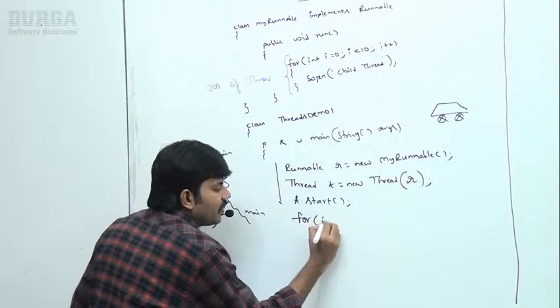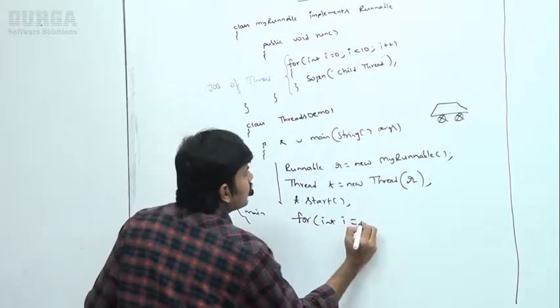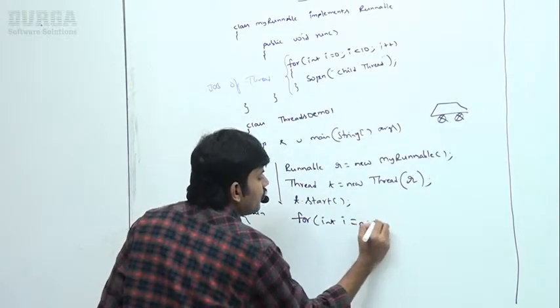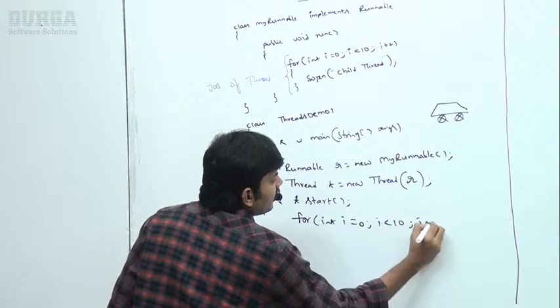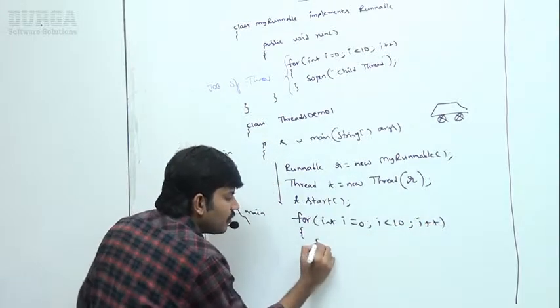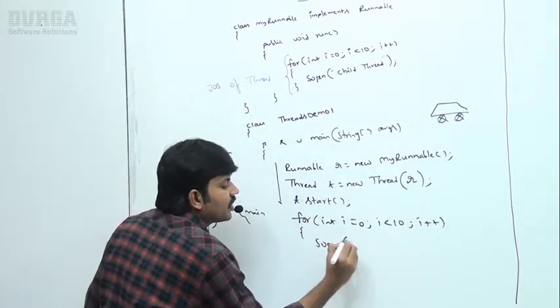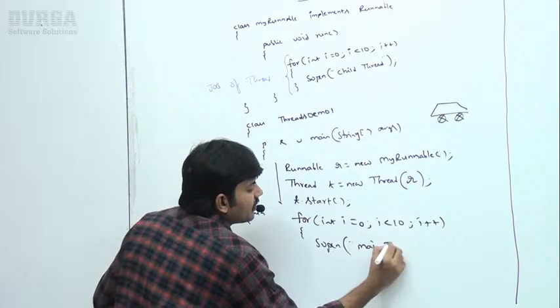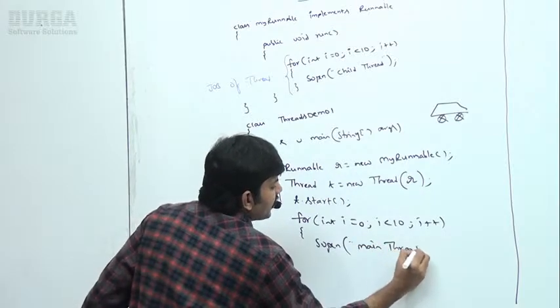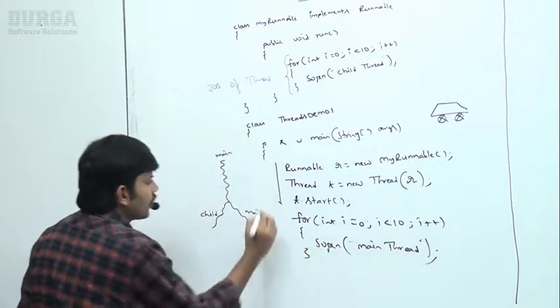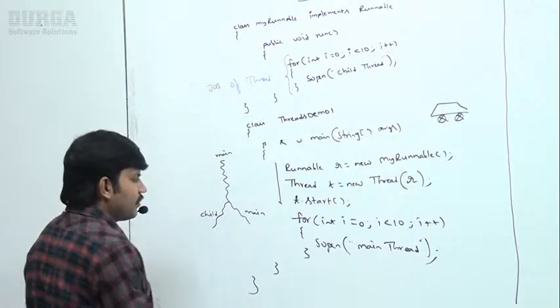For int i = 0, i < 10, i++, System.out.println "main thread". End of the main, end of the class.